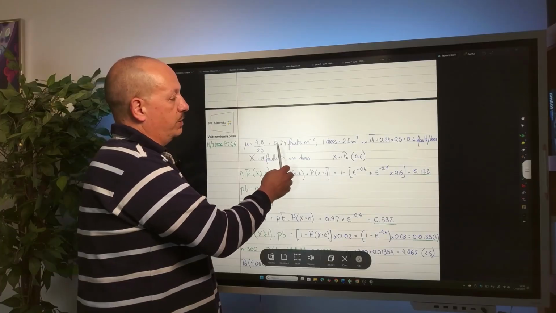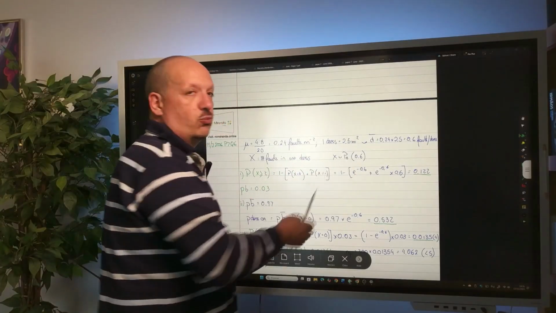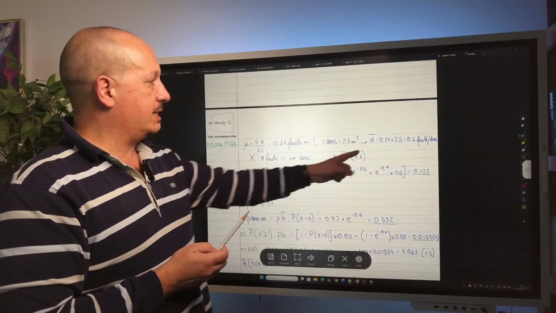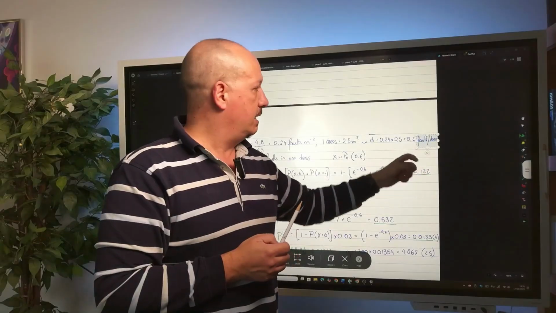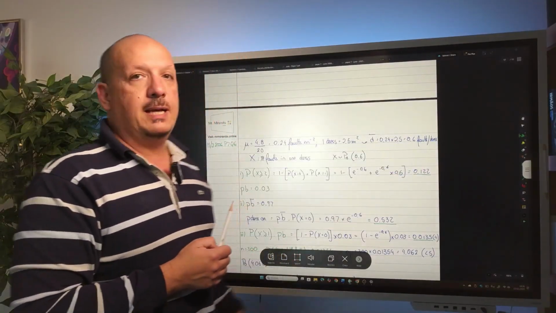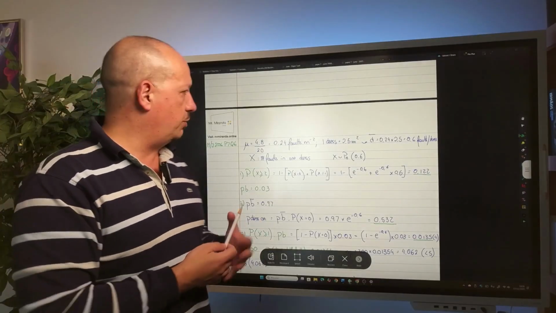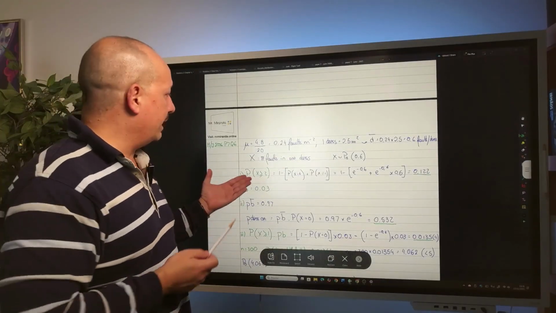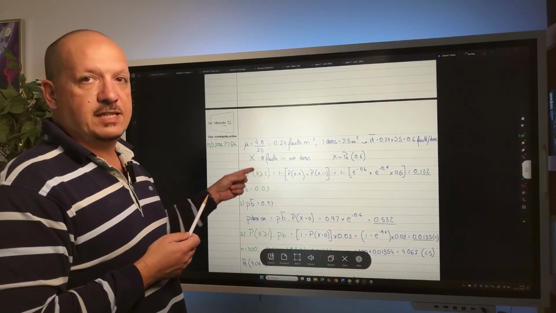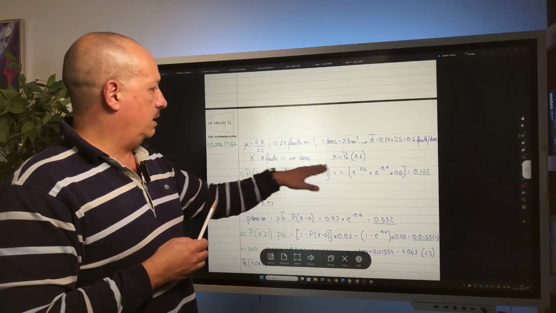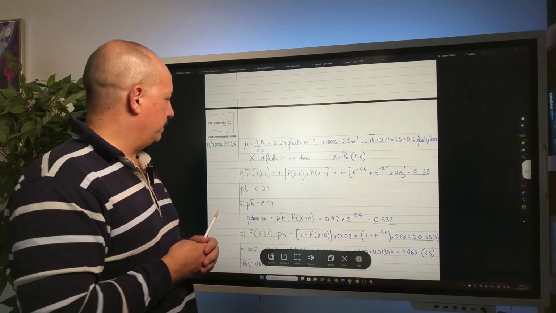So 0.24 faults per square meter times the 2.5 square meters of one dress gives a total of 0.6 faults per dress. So we have here the mean, the parameter that we can use in the Poisson distribution. So right now it's just a matter of setting up the equation, the probability that x is bigger or equal to 2, and basically solve it, and there you have the answer.